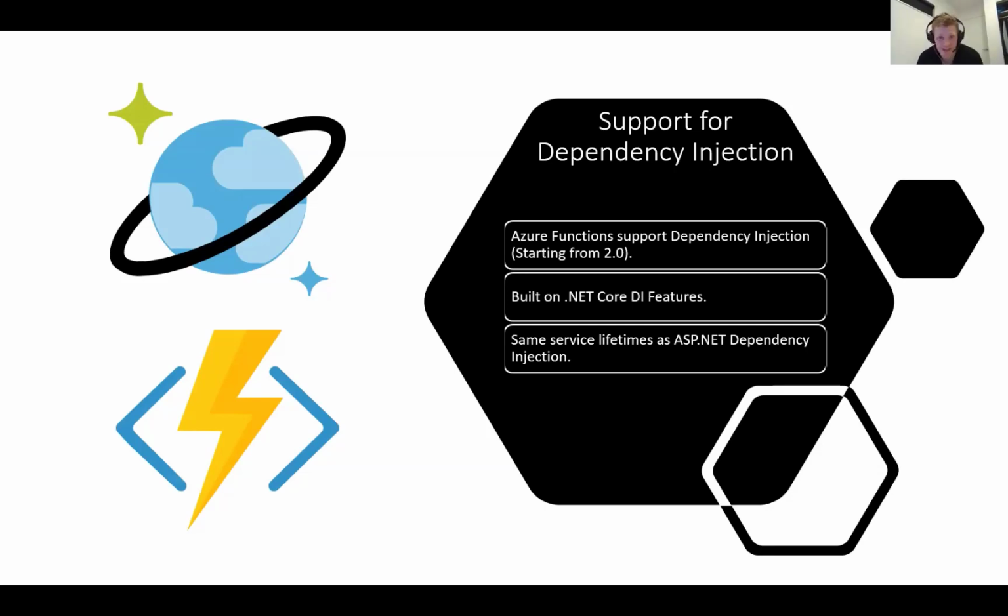Rather than having, say, 5 functions within a function application all instantiating their own clients when they're invoked, they just share a singleton object. So if you have function applications with multiple functions that need to make calls to Cosmos DB, go down the dependency injection route. It's more performant.